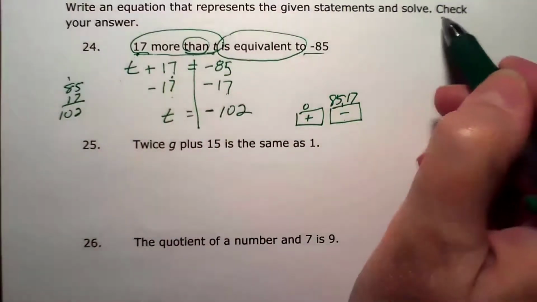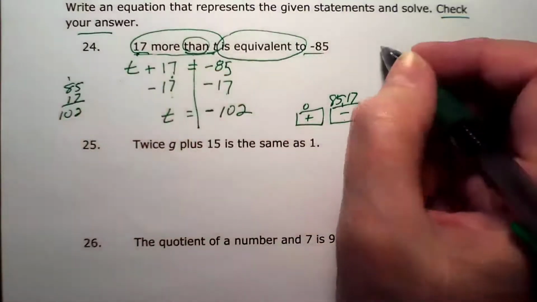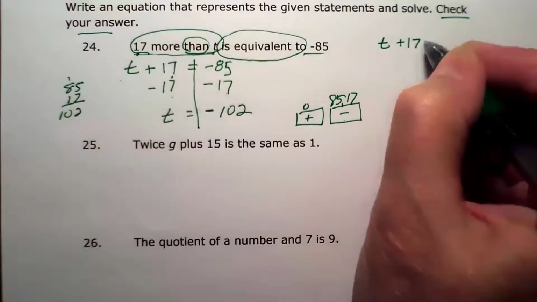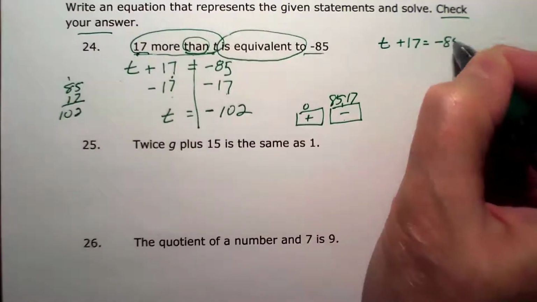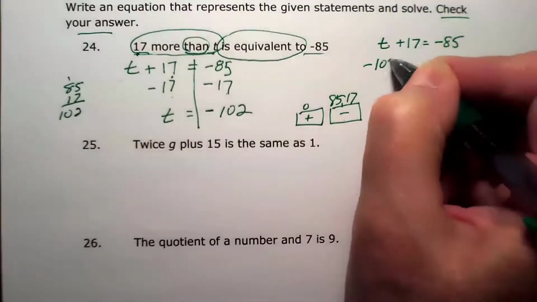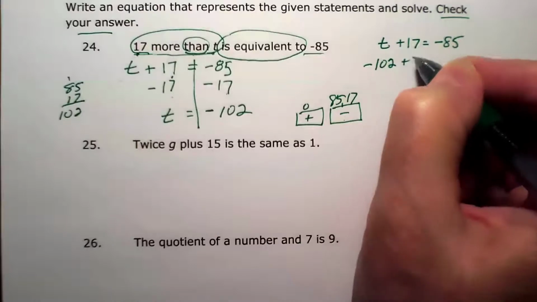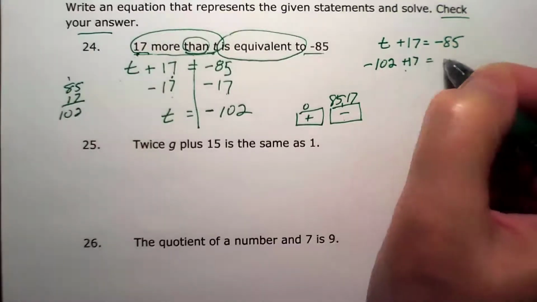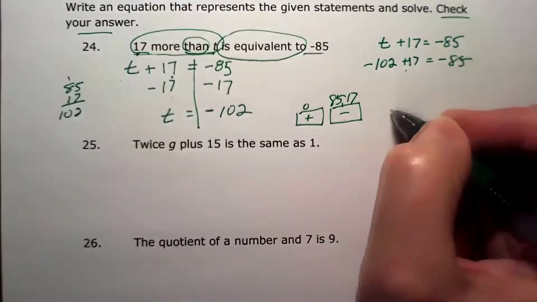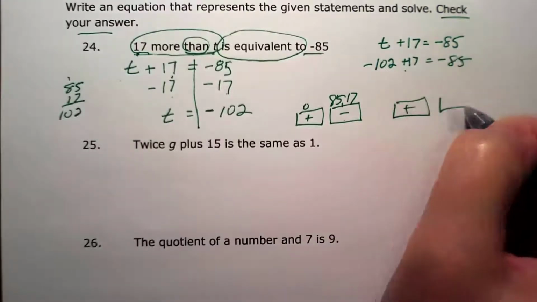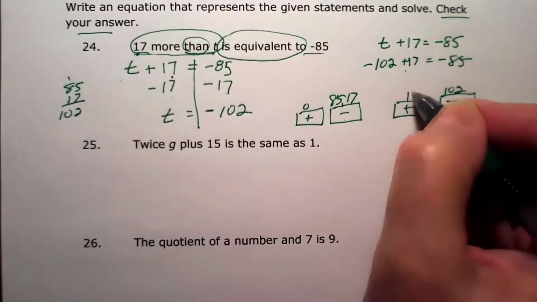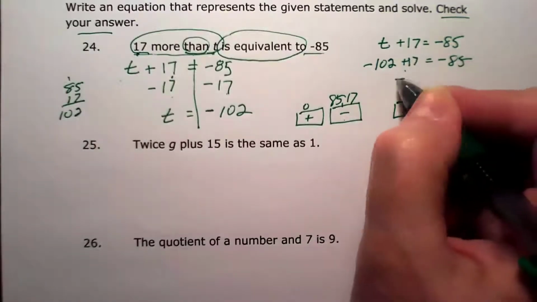Then it says check your answer. So to check, I'm going to take my equation, t plus 17 equals negative 85. Basically, I'm saying, is 17 more than negative 102 going to equal negative 85? Well, again, if I have a positive box and a negative box, 102 is in the negative box, 17 is in the positive box, my answer is going to be negative.